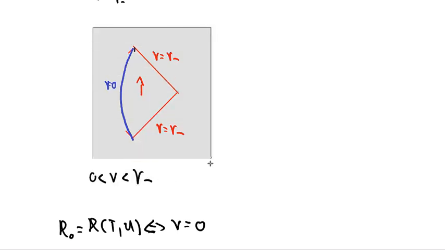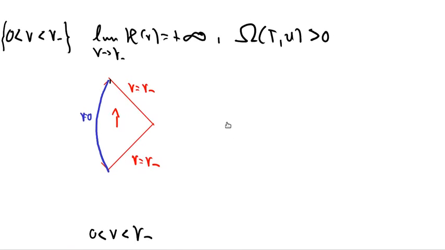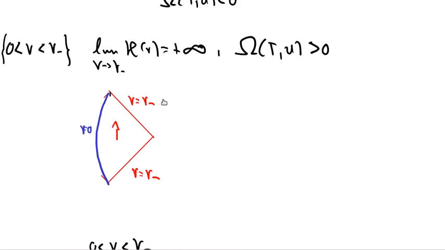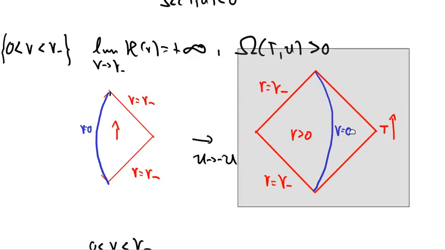And here again, it's again going to minus u, and then what we get is a diagram which looks like this.